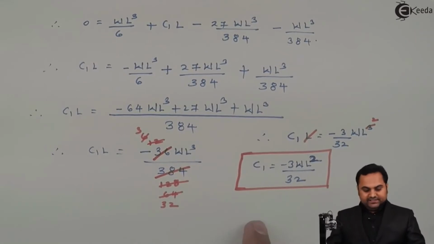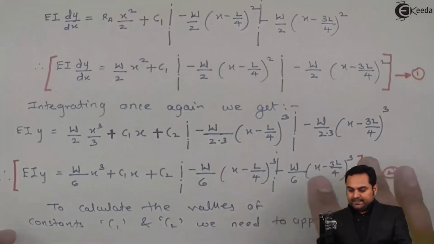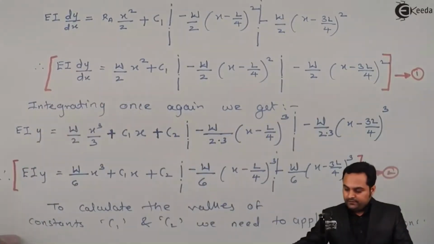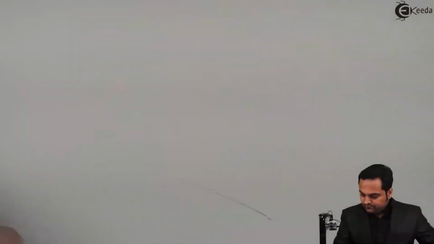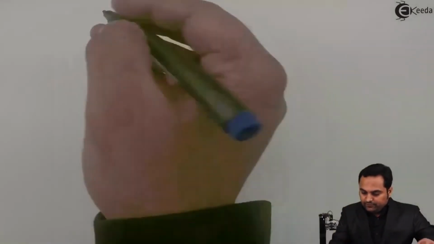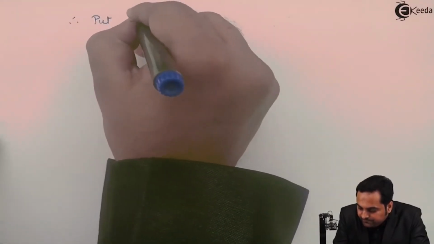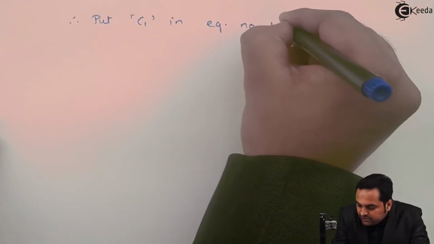So now after getting C1, I'll put C1 value in equation number 1, so I will get the slope equation. Therefore, put C1 in equation number 1.